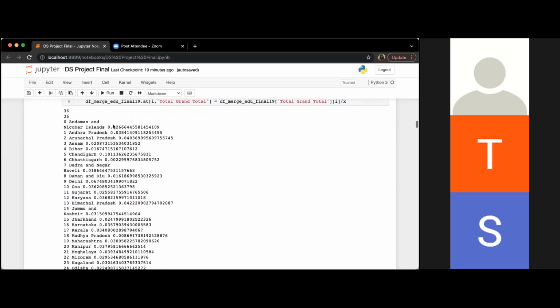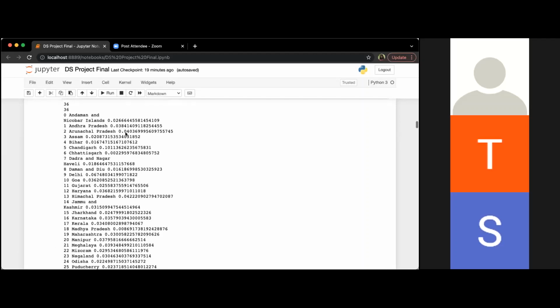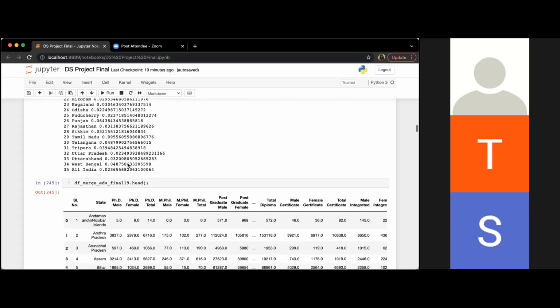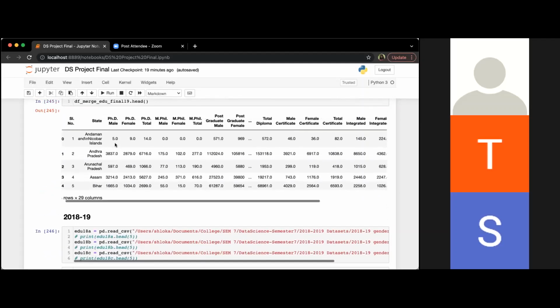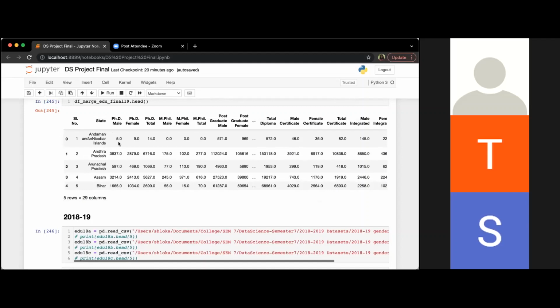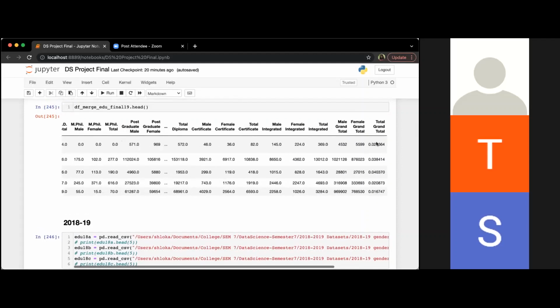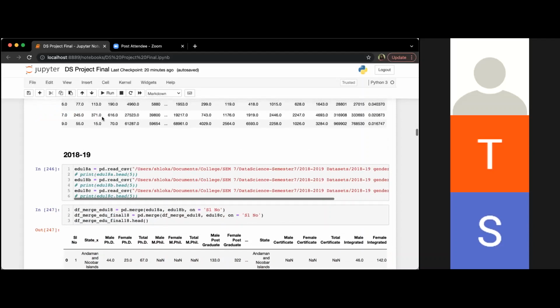Once we divide, our values look somewhat like 0.02, 0.03, and so on. So this is our final data set, just the top header part. You can see it's been updated. That was for the education data set of 2019.